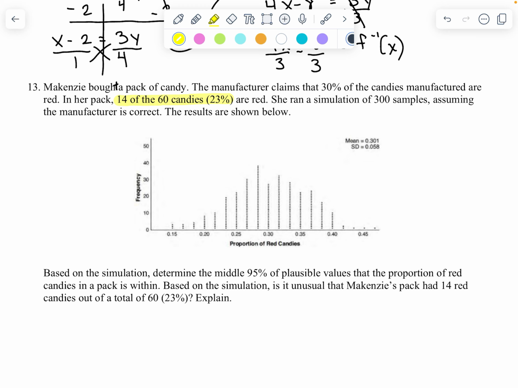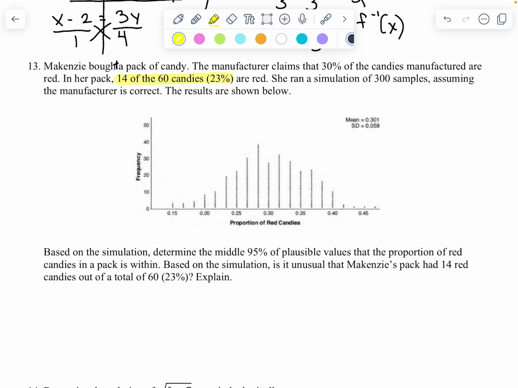The results are shown below. Based on the simulation, determine the middle 95% of plausible values that the proportion of red candies in the pack is within. And then based on the simulation, is it unusual that Mackenzie's pack had 14 red candies out of the total, which is 23%?